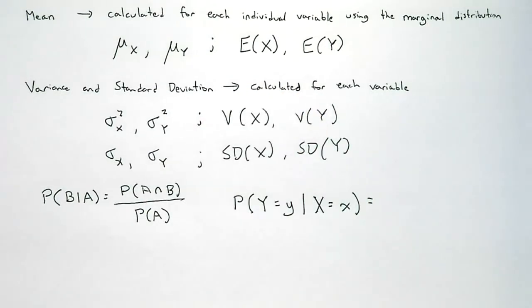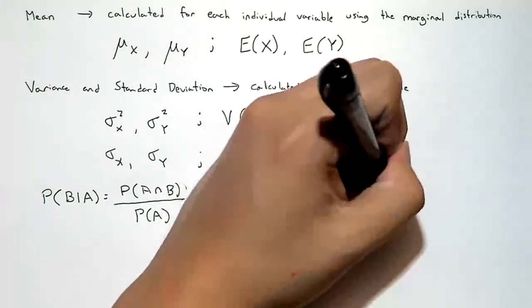And we find that probability by looking at the intersection of A and B. In this case, what is the intersection of A and B, or x and y? Well, it's the joint probability, right? It's the probability that two values have already occurred.